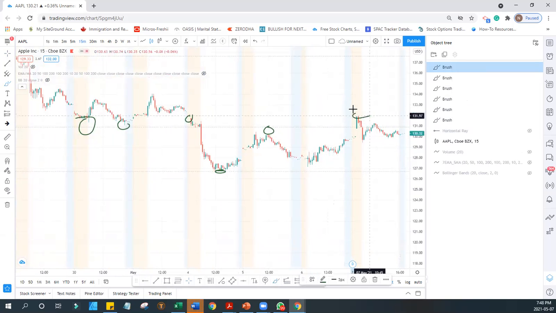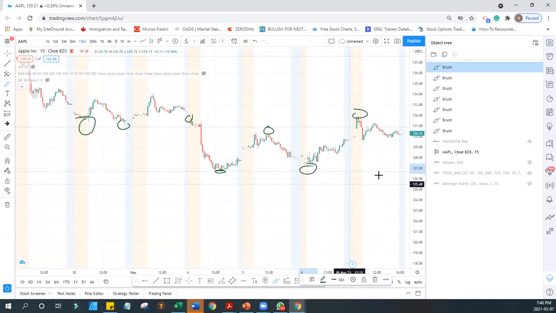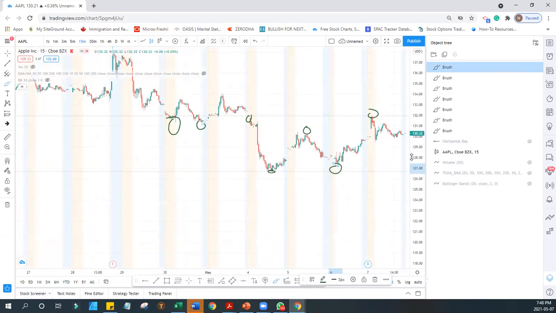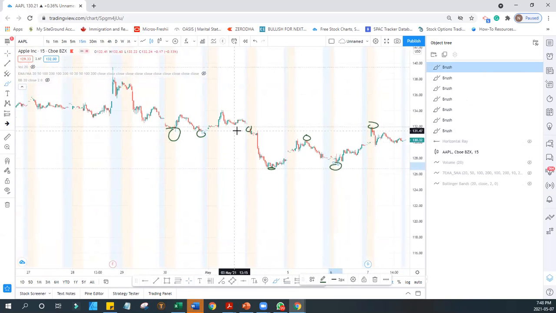The price is not going up and not falling down. Can I say this is the point where it's taking a support and this is where it's taking a resistance? Because the price is not going up and then it's falling, then it takes a support, goes up, then falls again.